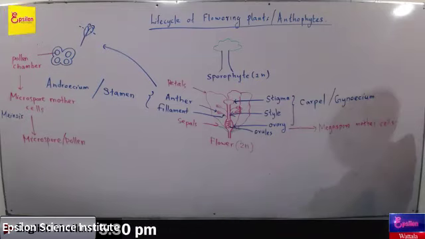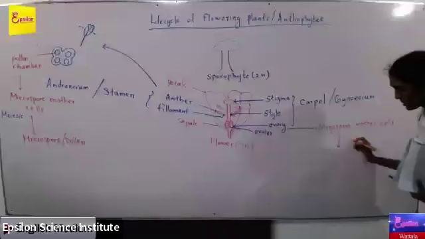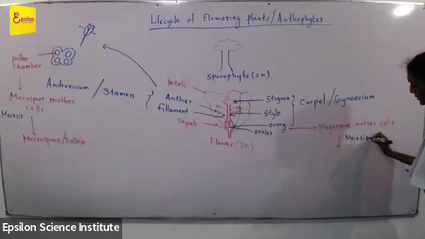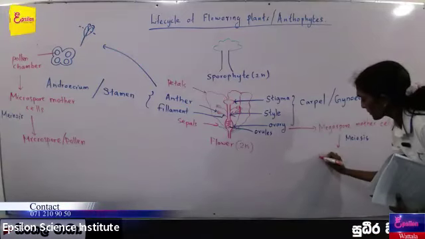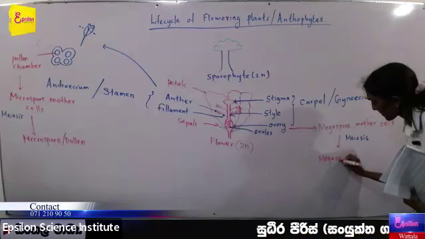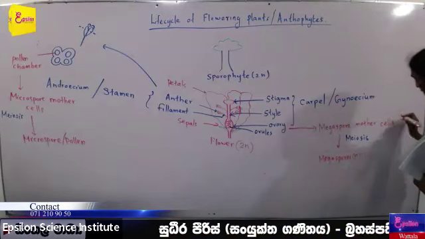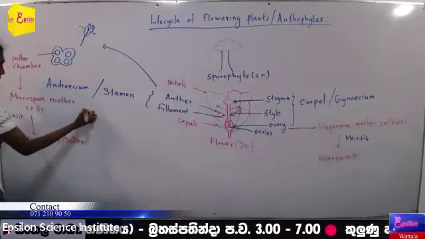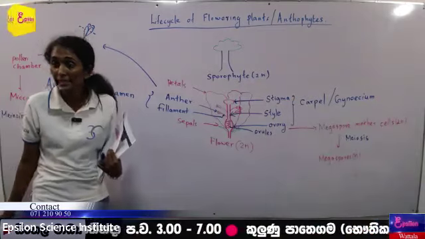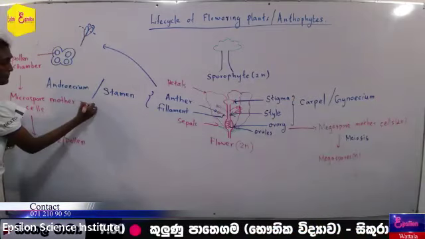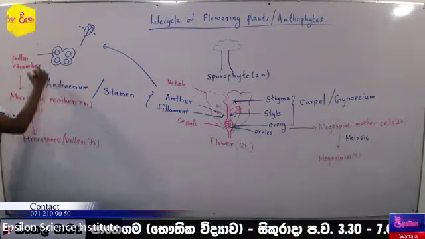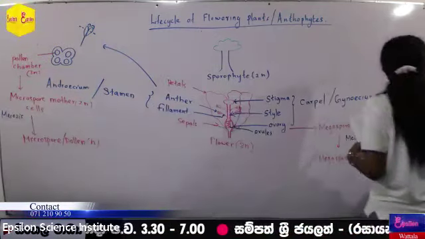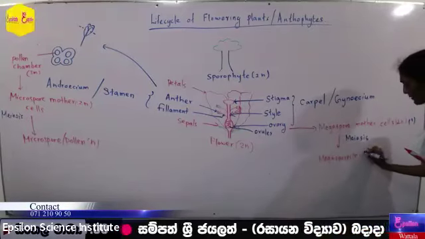Then the megaspore mother cell will undergo meiosis and produce haploid megaspores. As I told you, there was a specialty when formation of megaspores in cycas. What was the specialty there? Think now. Yeah, only one functional megaspore is produced. Out of one, only one functional. Okay?